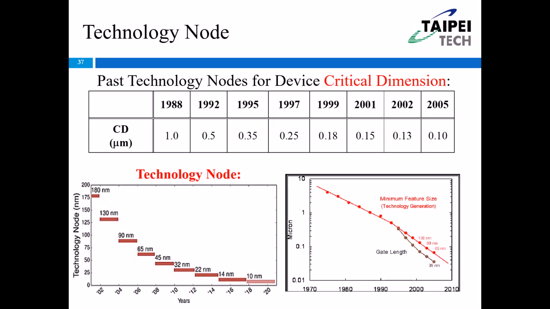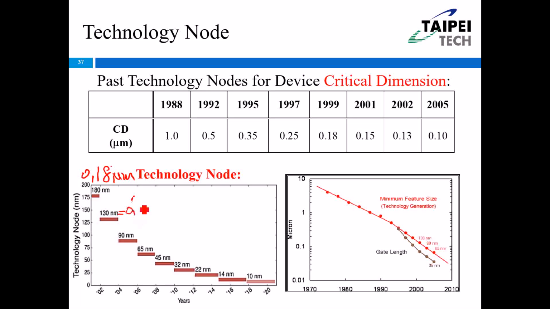Originally, we say 180 nanometer, but we don't say 180 nanometer. We say 0.18 process. In Chinese, we say 0.18制程, 0.13制程. In Mandarin, we say 0.18 micrometer, 0.18 process, and 0.13 process.